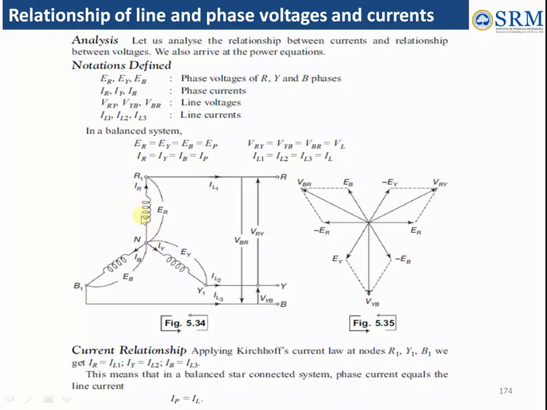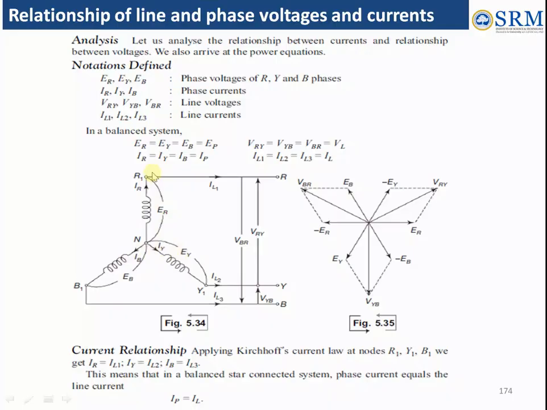Here, if you see this diagram, we consider R, B and Y as the three phases. So the phase voltages across these windings are ER, EB and EY. The current flowing is the phase current, that is IR, IB and IY.